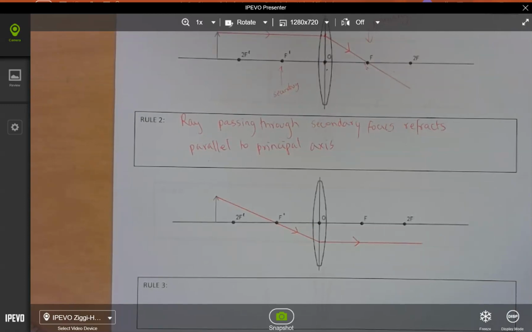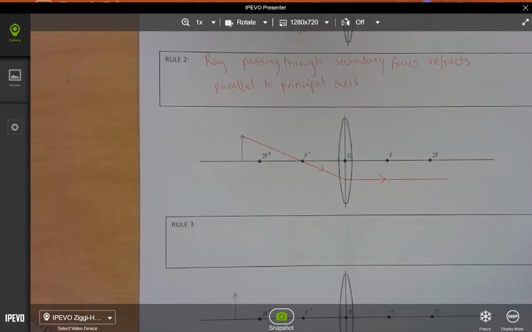Everybody okay with this rule? Very similar to our mirror rules, right? No complications, hopefully.